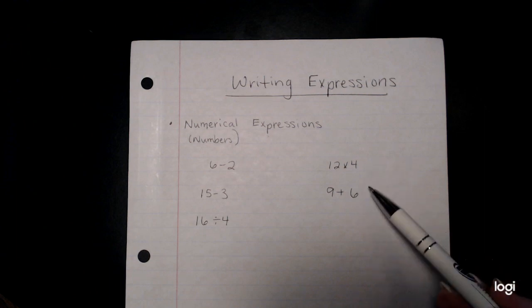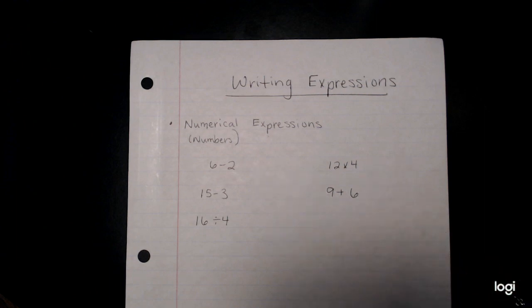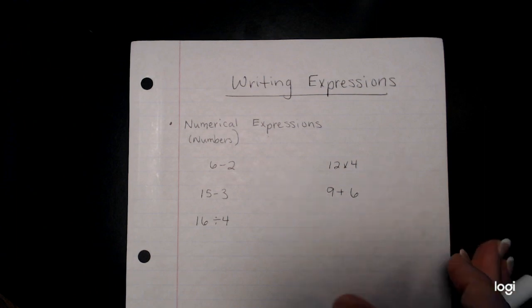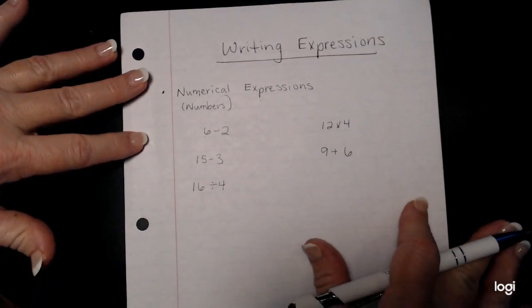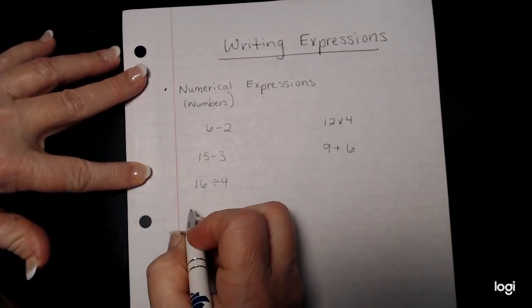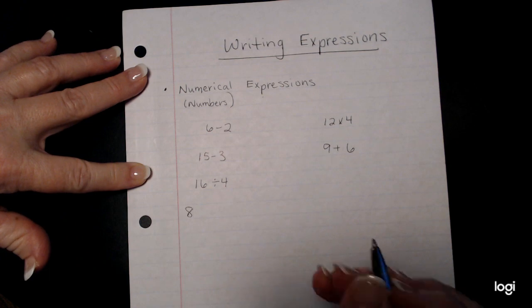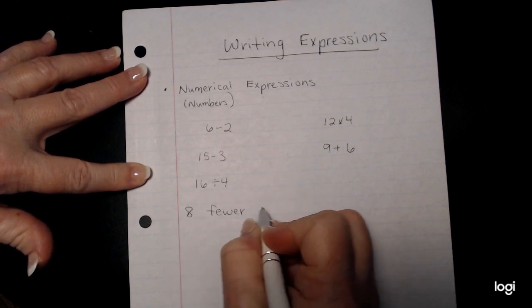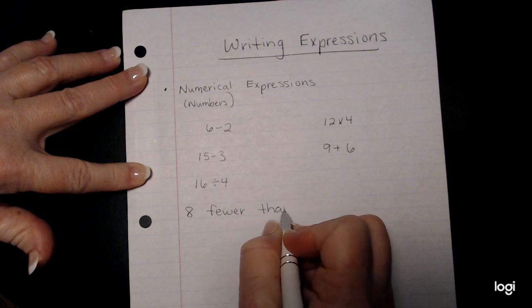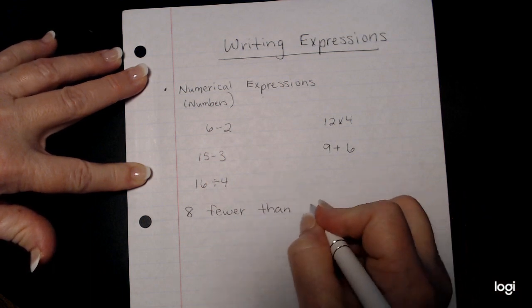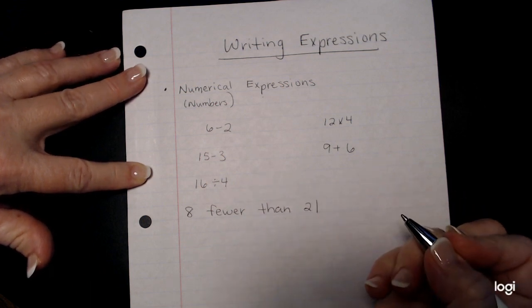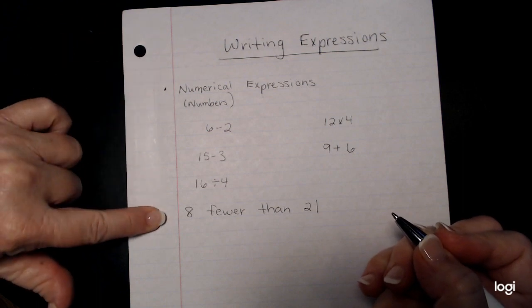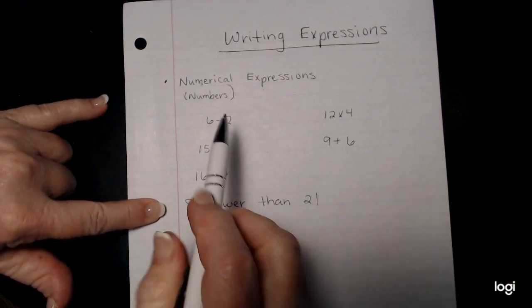If I would ask you to write a numerical expression for something like this, let's write this in our notes. We're going to write the phrase 8 fewer than 21. Here's my phrase. I'm going to ask you to write a numerical expression using this phrase.